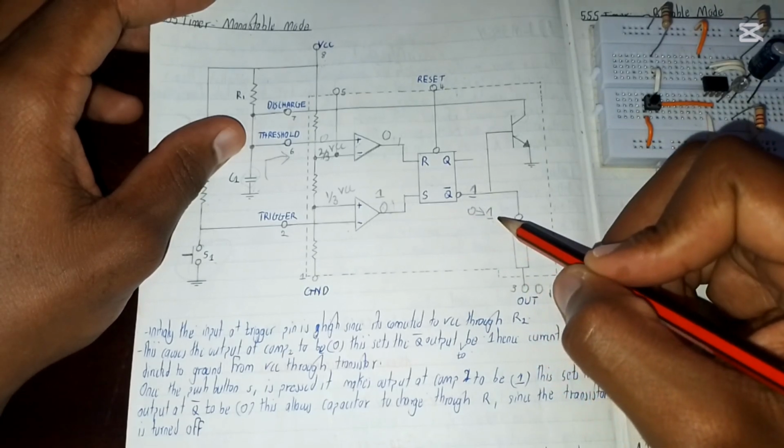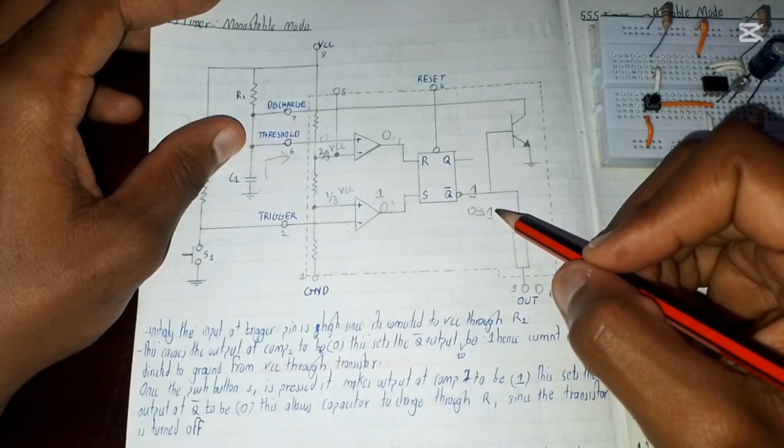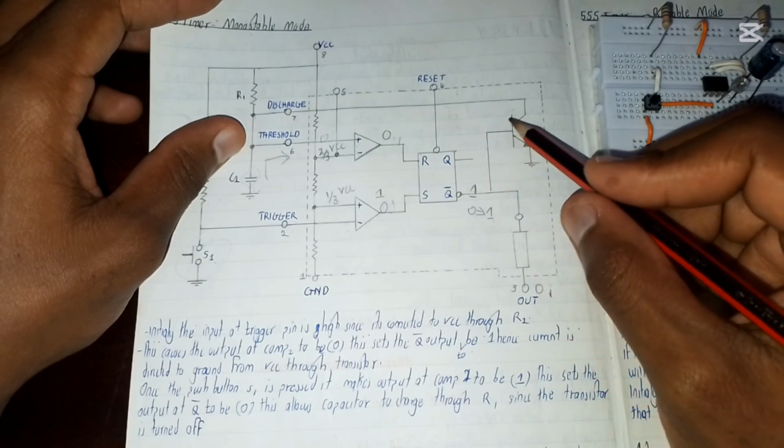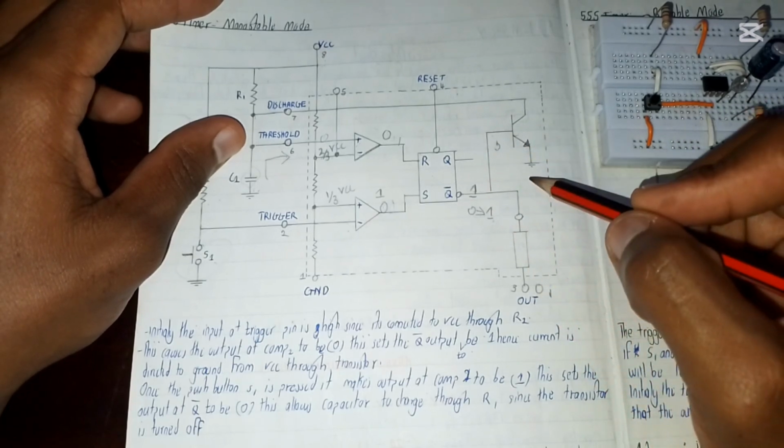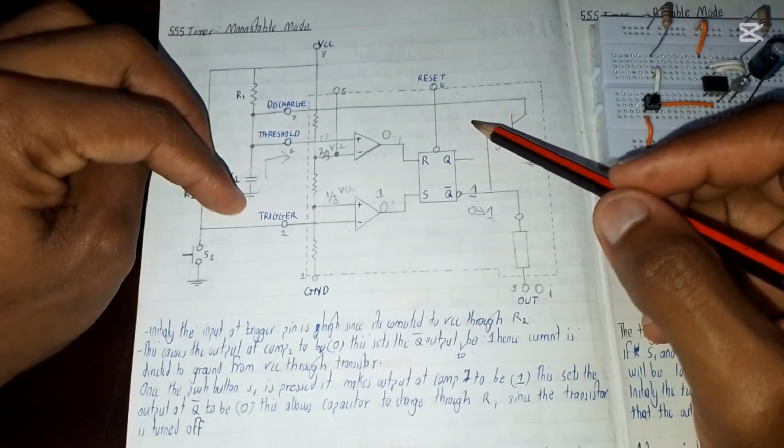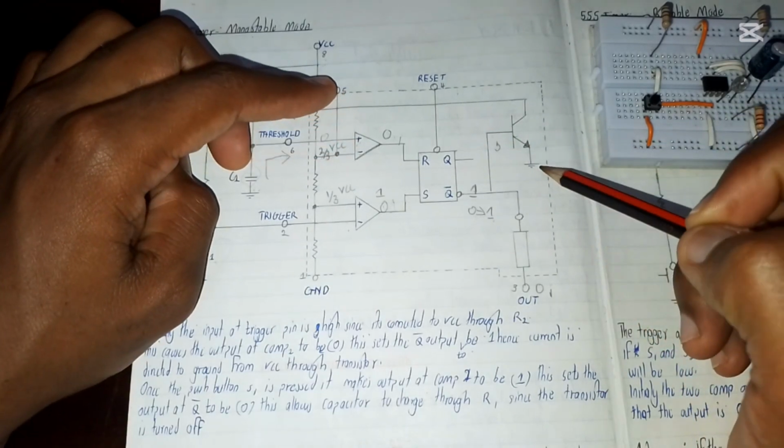Then that 1 is going to enter the discharge transistor via its base pin, and is going to discharge the capacitor to ground.